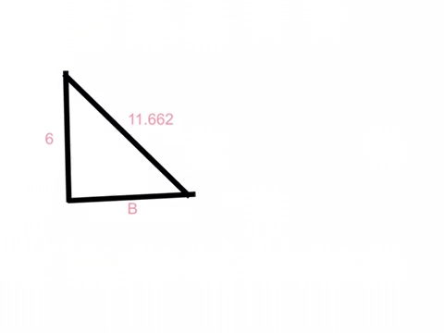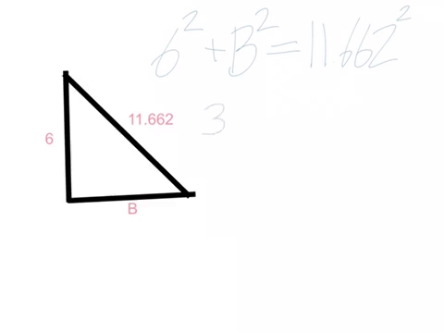When solving for B, you do the same thing. So you take the values that you know, A and C, and you plug them into their spots. So A squared plus B squared equals C squared, 11.662 squared.